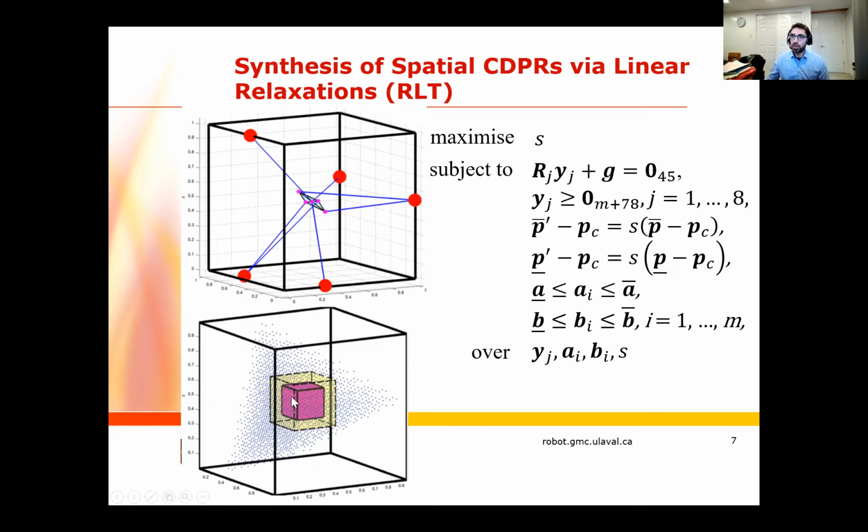Our initial guess had the pink box as the maximum box it could contain in its wrench closure workspace, and the largest box, the final box we got, is the yellow one. So we were able to increase the wrench closure workspace a little bit. But this came at a very high cost. It took several hours to get a solution because we had several hundred constraints and hundreds of variables in this nonlinear program.